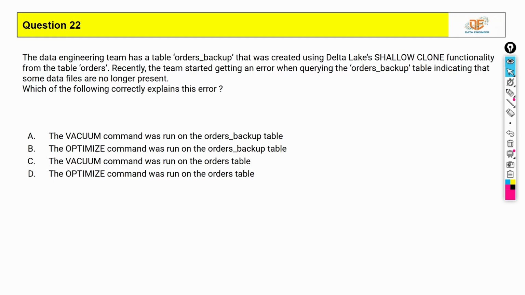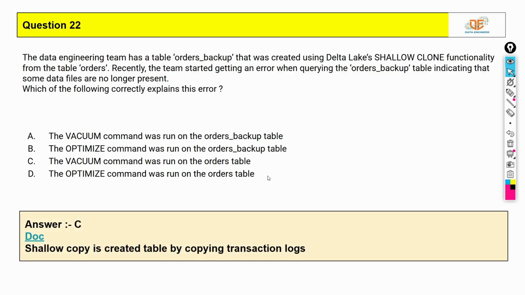In a deep clone, we also copy the data along with the transaction log. So if we are saying that the data is no longer present, it means that they have run the vacuum command on the order table, not on the backup table, that is the order table.